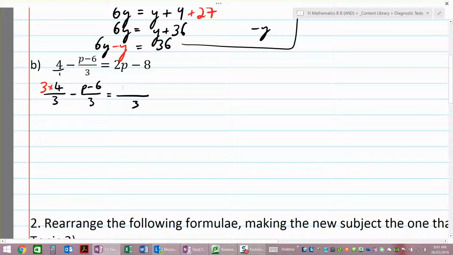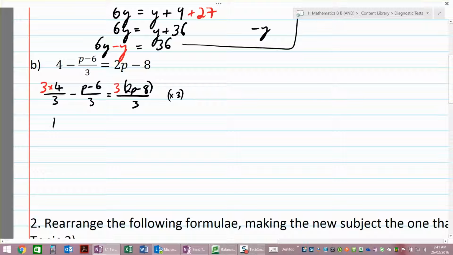On the other side, so this fraction's okay, all on 3, it's all done. 2p minus 8, this all has a denominator of 1. So the 2p plus 8 all needs to be multiplied by 3, to get the common denominator. Okay, from here, I can multiply everything by 3 and get rid of all of these denominators of 3.